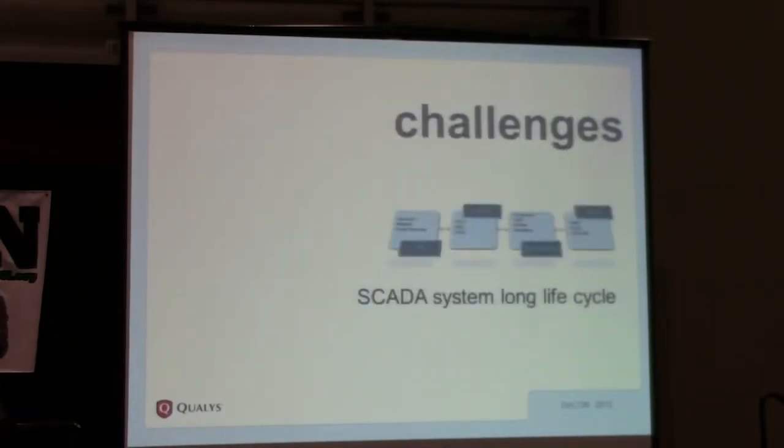So just to summarize, some of the challenges that we saw, and the number one challenge which affects SCADA systems is the long life cycle of that system. Let's say there is a vulnerability in your phone or in your laptop. You would say, oh, my phone, I'll just get rid of it, I'll buy a new phone. My laptop, maybe in 8 months or a year, I would buy a new laptop. It's cheap.